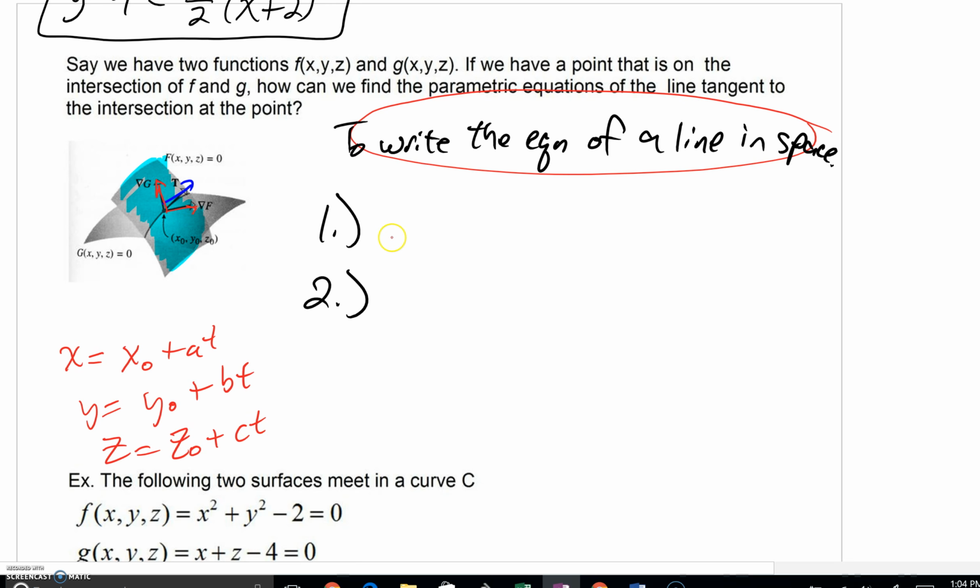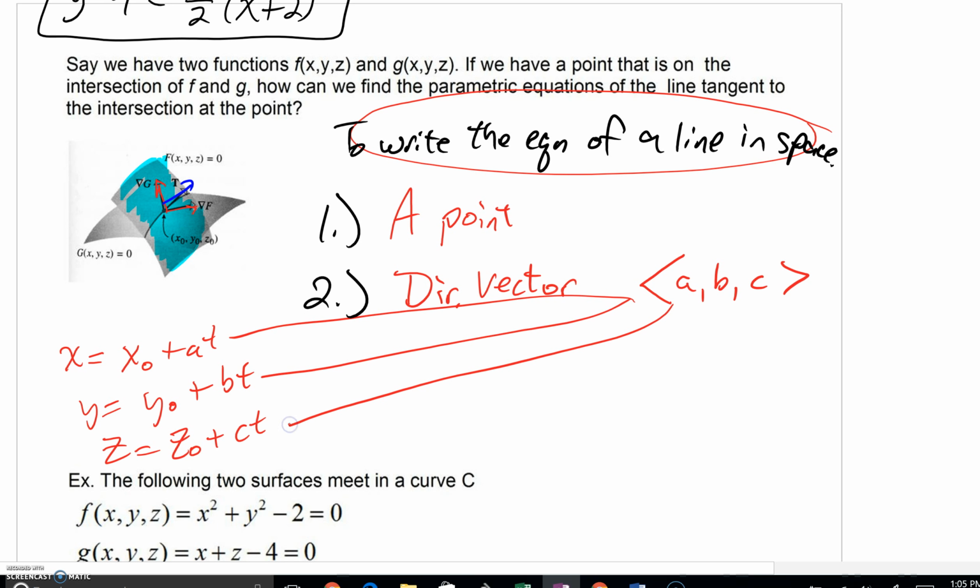You need a point. Well, that's your x naught, y naught, z naught. They will give you a point. They're going to say, here's a point of intersection, right? What else do you need? A direction vector. And that direction vector would be A, B, C in this regard.